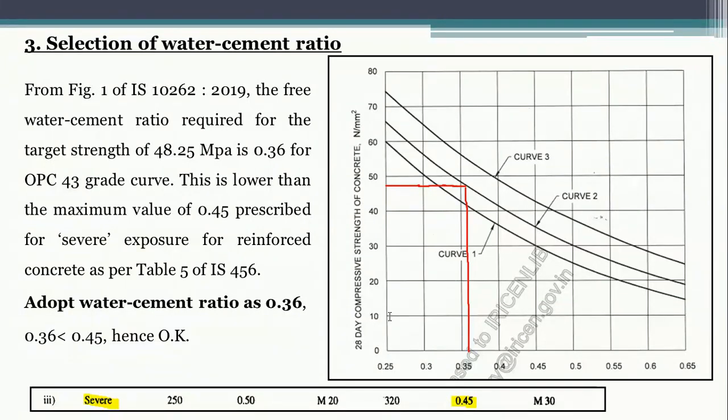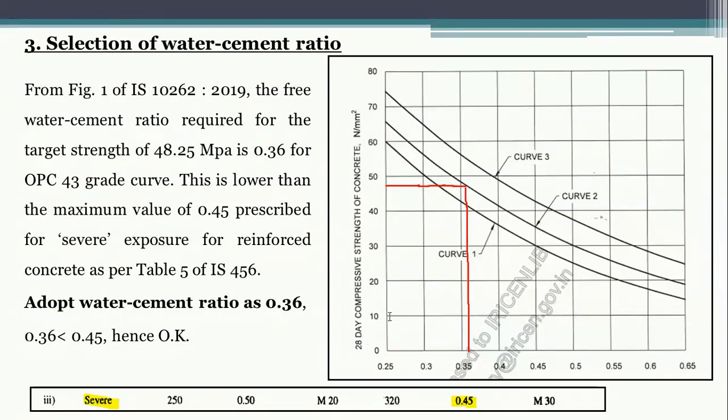I hope you understood how to calculate this. One water cement ratio is based on the curve, and the second is based on the durability aspects, that is the exposure condition. Out of these two, whichever is lesser, take that for calculation.